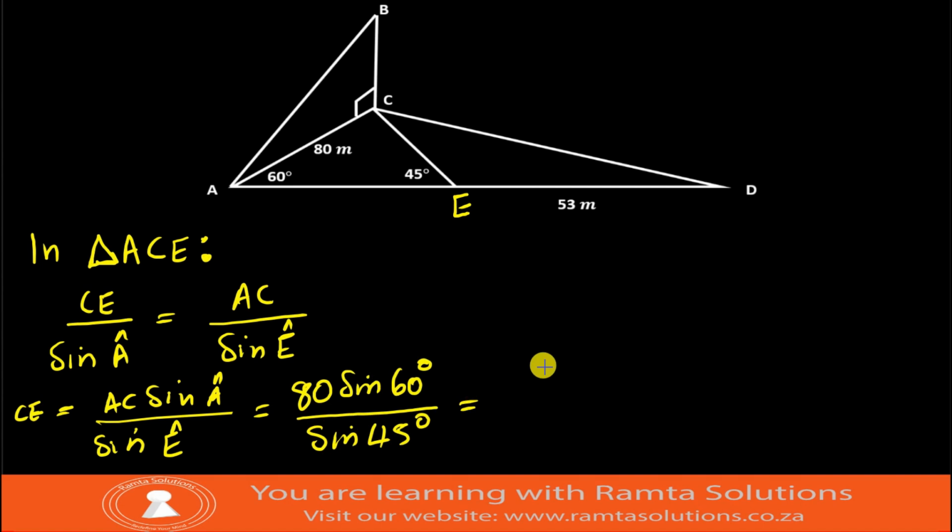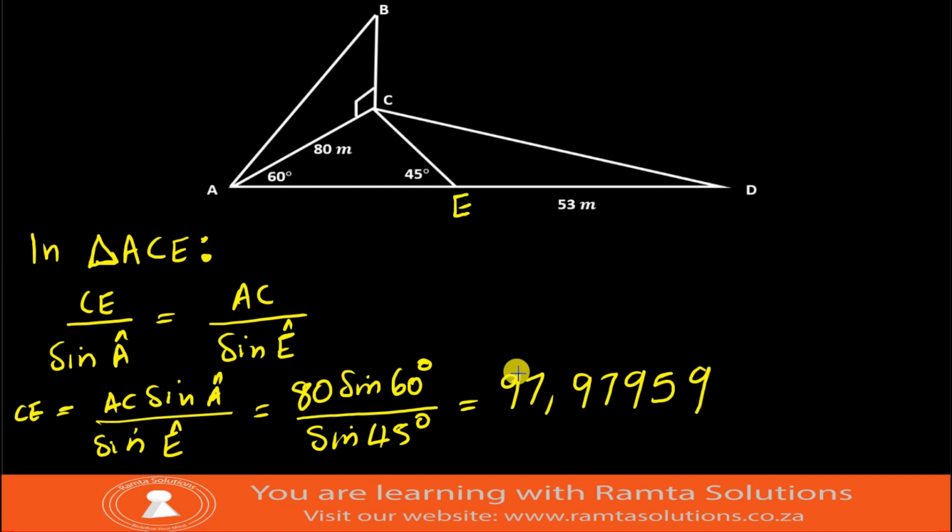So this is 80 times sine 60 degrees, so root 3 over 2, over sine 45 degrees, which is root 2 over 2. So this is 40 root 6. However, I'm not going to write it like that. I will say this is 97.97959.